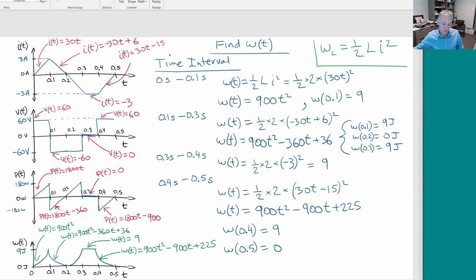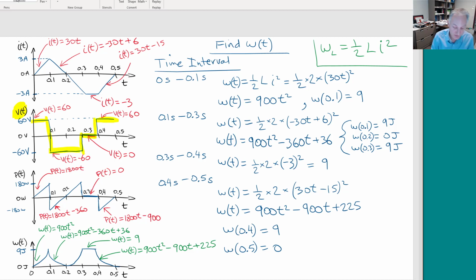And remember, in this problem, you were given I of t, so you were given this line. However, think about that you might be given v of t, and you might be given the plot of this.